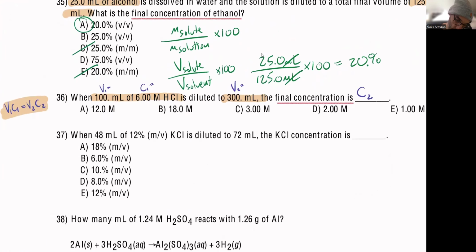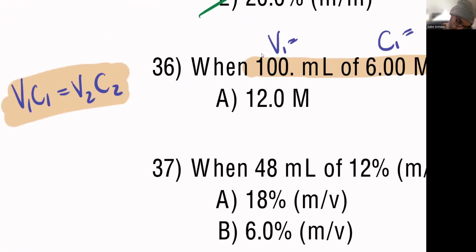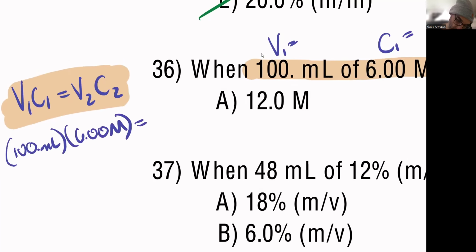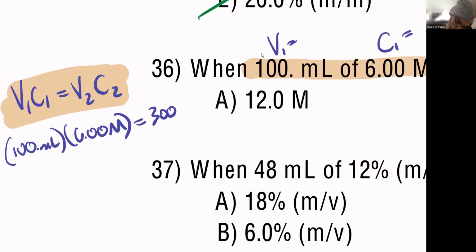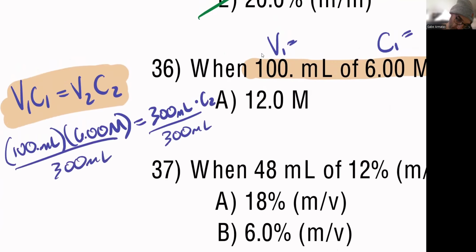So off we go. 100 mils times a concentration of 6 molar is equal to a new volume of, I think it was 300 milliliters times concentration 2. Divide both sides by 300 milliliters. This is going to cancel out, leaving behind just C2.